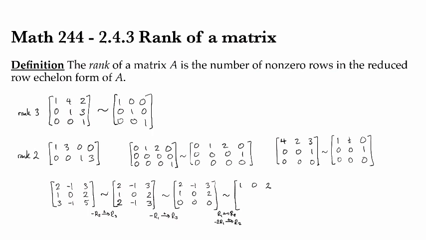And so 2 minus 2 is 0, and negative 1 minus 2 times 0 is still negative 1, and 3 minus 2 copies of 2 is going to be minus 1. And then I can multiply by minus 1.